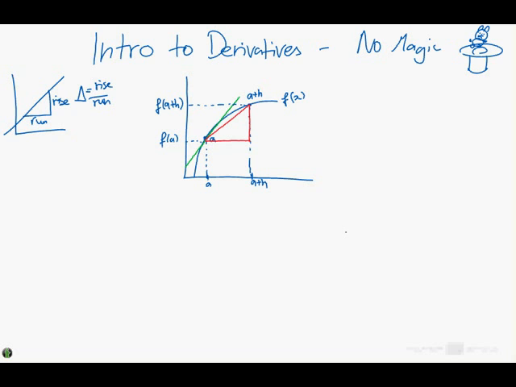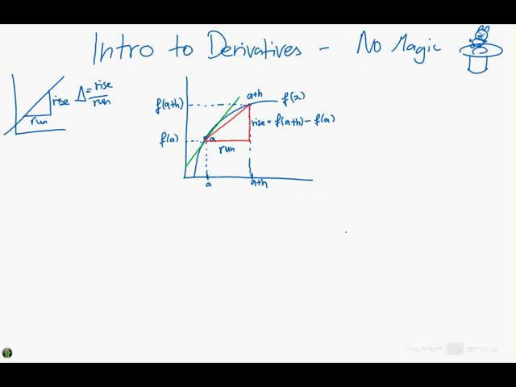And with this line, I'm going to calculate the gradient at the point A. Okay, so looking at this triangle, you'll see that the rise is equal to, what is it, top value minus the bottom value, right? f of A plus H minus f of A. What about the run?